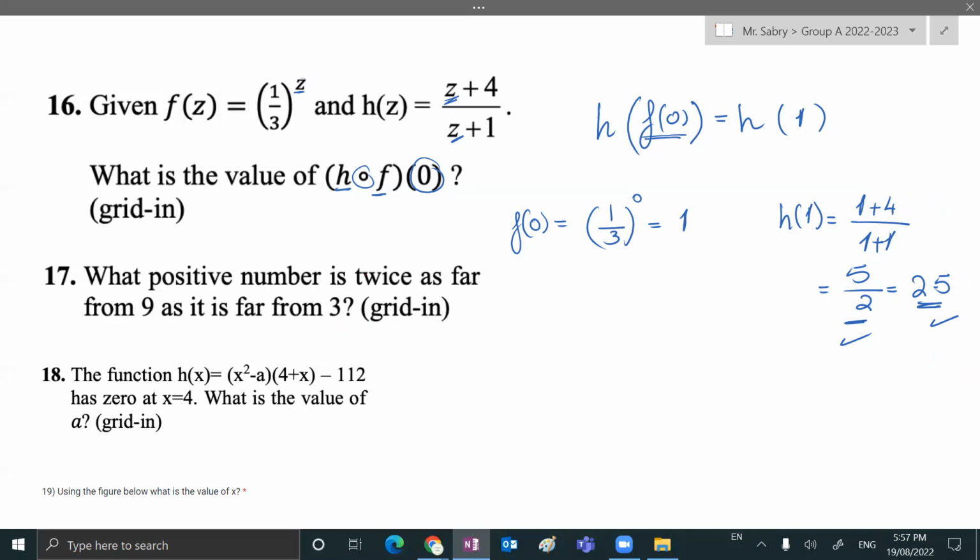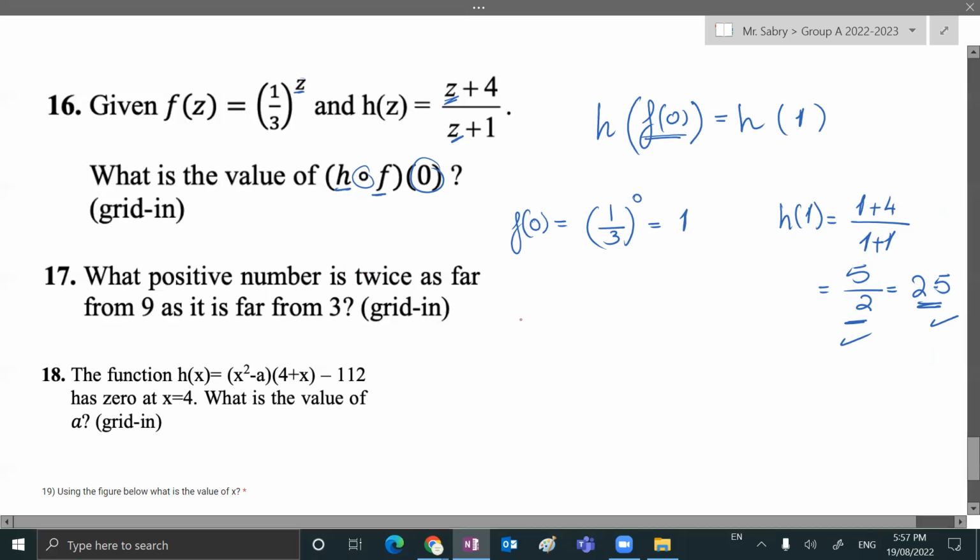He wants a number whose distance from 9 is double its distance from 3. So first I want to know how far this number is from 3. This is the first thing I'll think of. If I have two distances, one twice the other, I have to know the first one to get the twice.